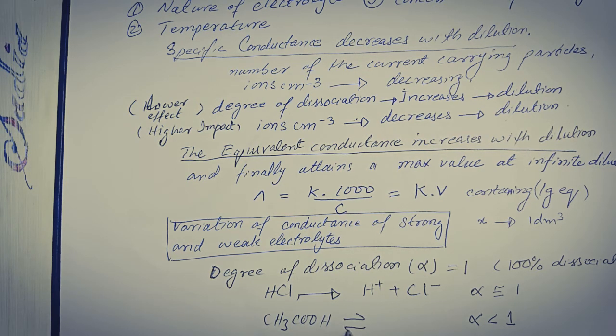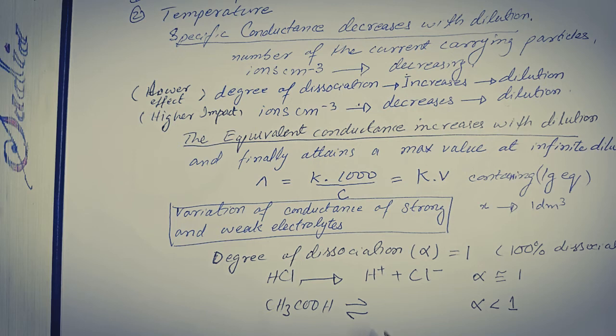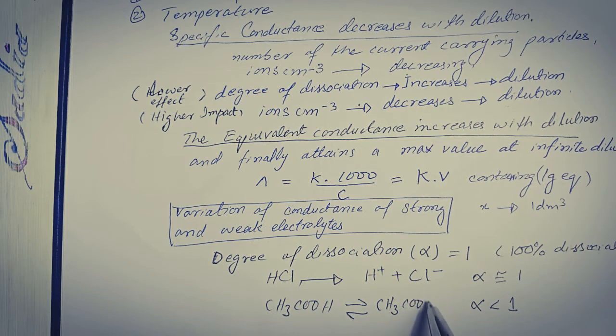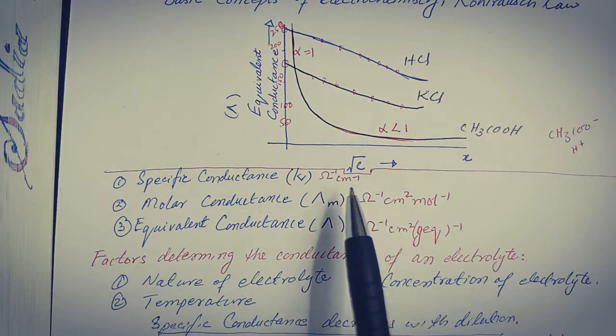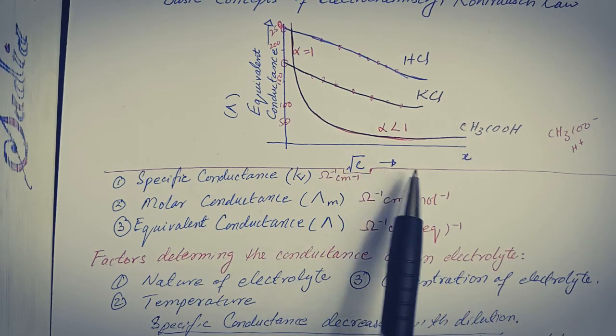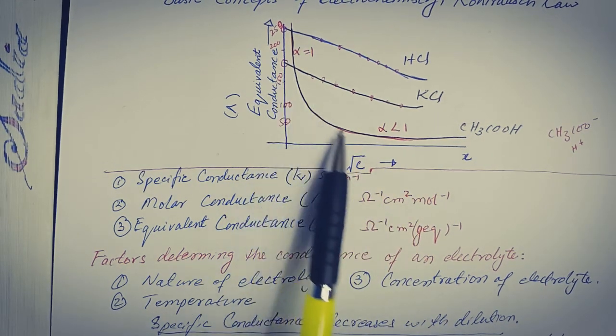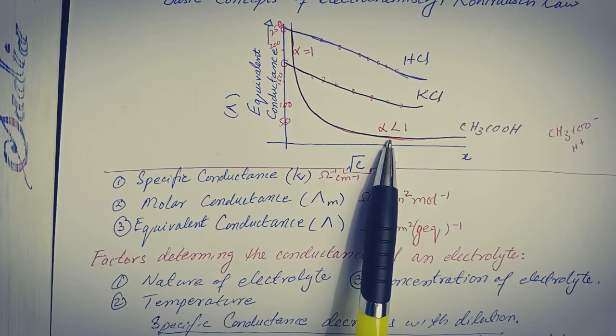So here we can represent the equation with equilibrium equation. That's because the ionic species are reformed into the molecular species. In the diagram we can see that by increasing the concentration, the degree of dissociation is less than 1.